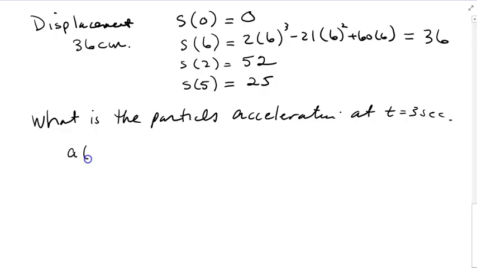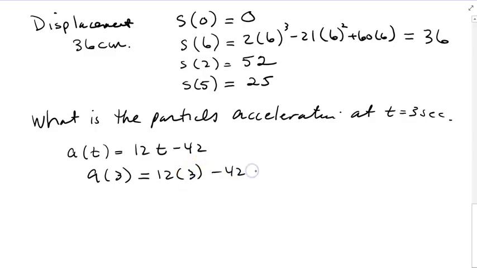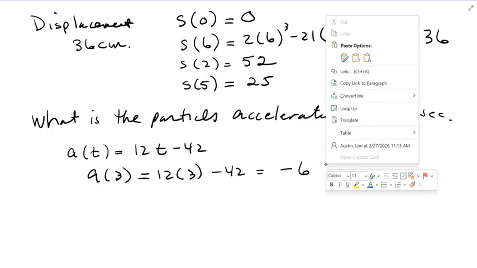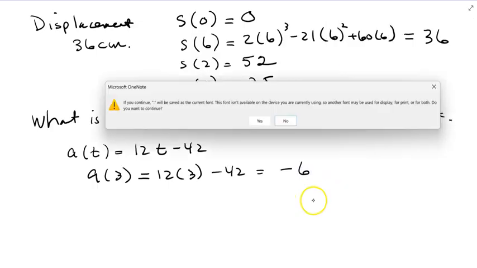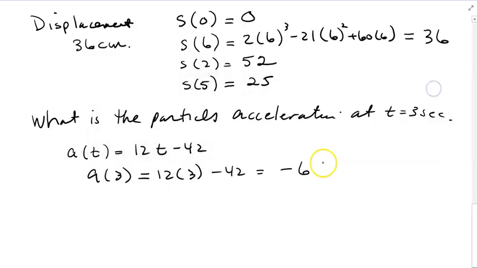Well, for that, you need your a sub t formula, and find it at exactly 3. And acceleration is negative 6. And acceleration is actually in centimeters per second squared. And there's your acceleration.